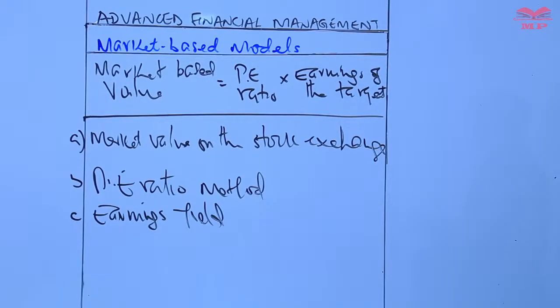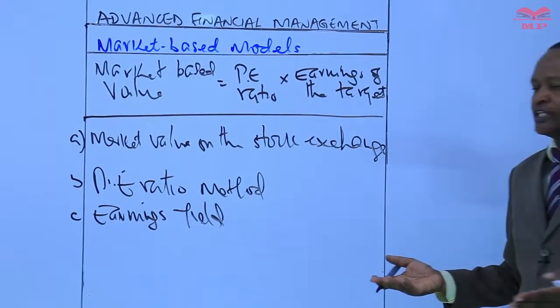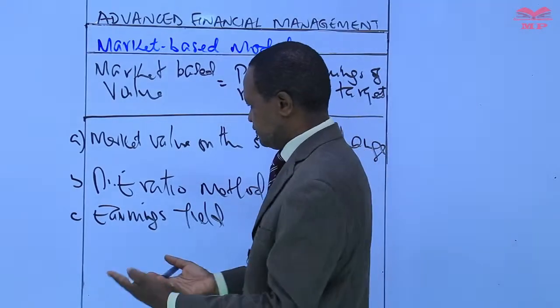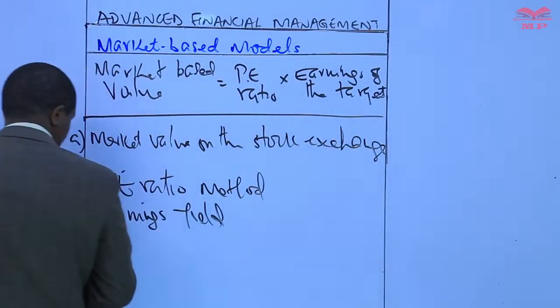You understand? So we take the earnings yield of the similar quoted company and apply it to the company that is being valued.